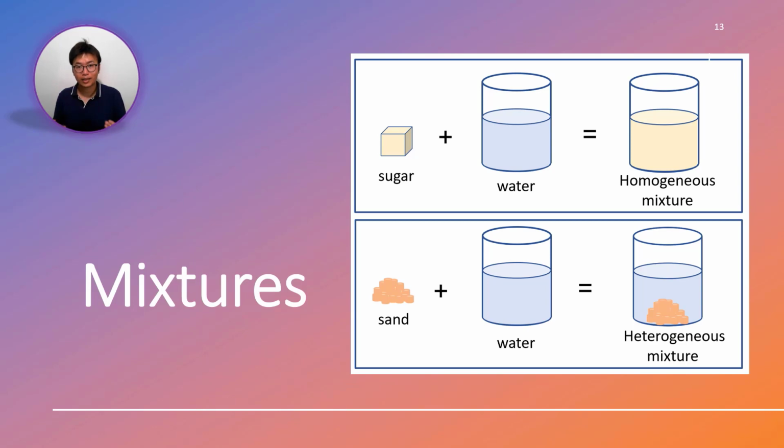Another example, as I mentioned before, I add sand into a beaker of water and stir. After I stir, it becomes a mixture. Again, I can see the sand, which will be at the bottom of the beaker, and the water. It's two different phases. So that will be an example of a heterogeneous mixture.